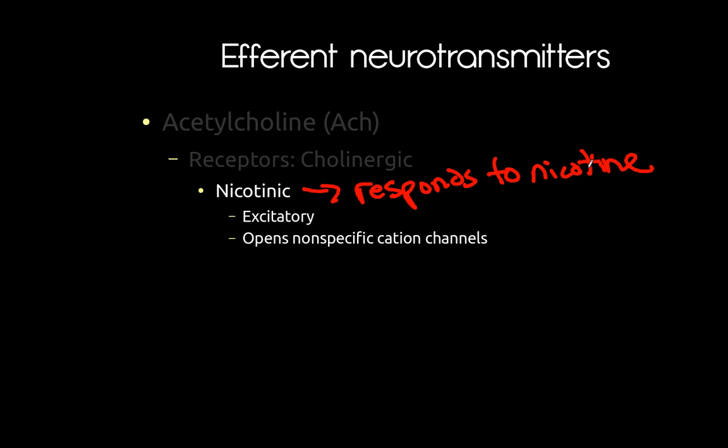They tend to cause whatever response we're looking for. And these will tend to bind and open non-specific cation channels. So we're going to open these cation channels, you're going to get a transfer of positive charges across a membrane, and in most cases start to cause some sort of membrane depolarization.